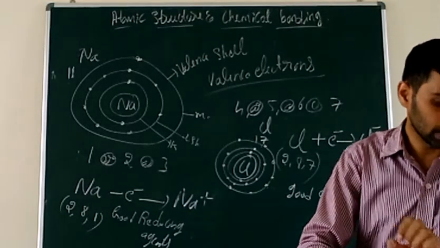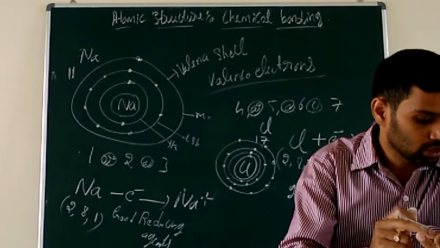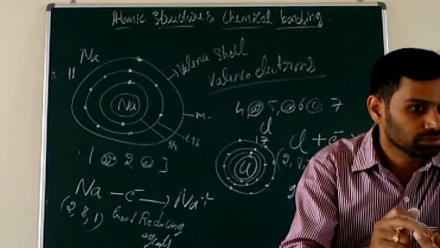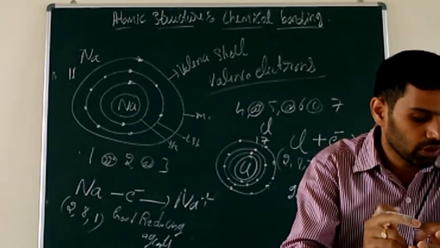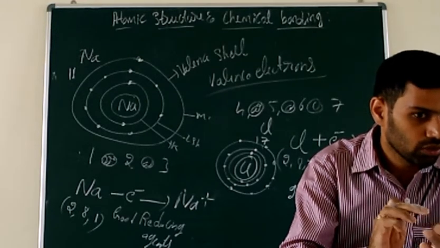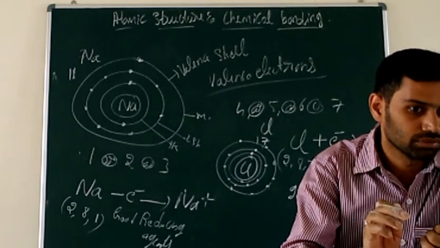The elements having 1, 2 or 3 valence electrons combine with the non-metals which have 4, 5, 6 or 7 electrons in their valence shell.